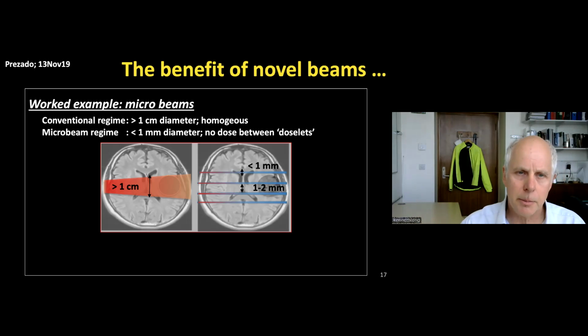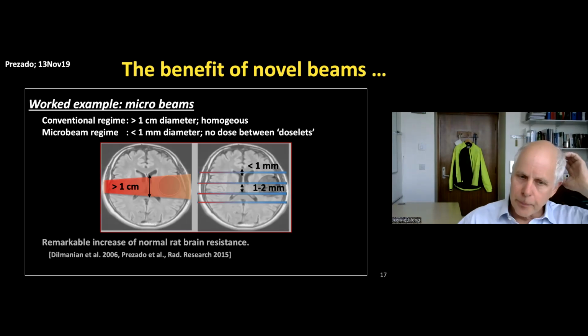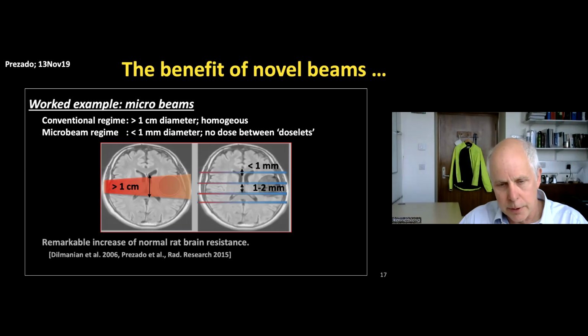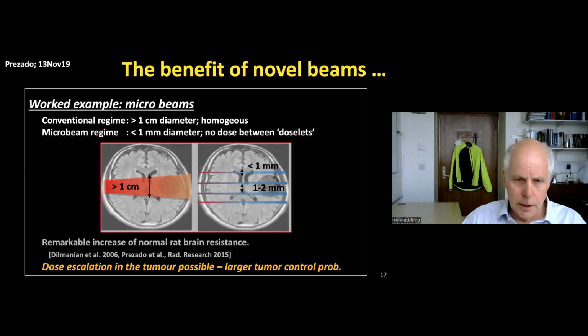So in this mini or microbeam technique, what people have observed is that there is a significant increase in the resistance to collateral damage in healthy tissue, and that means that one is able to increase the amount of dose which is delivered to the tumor, increase the tumor kill probability while maintaining the same complication probability, and therefore increase the therapeutic window.